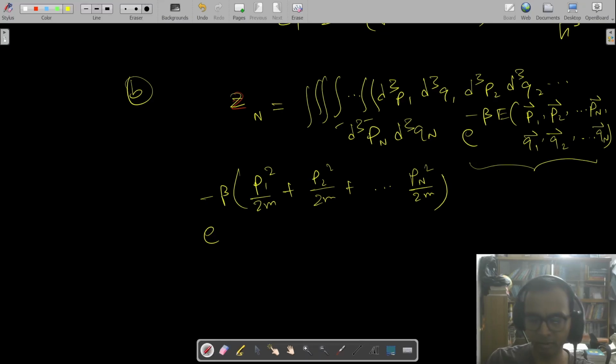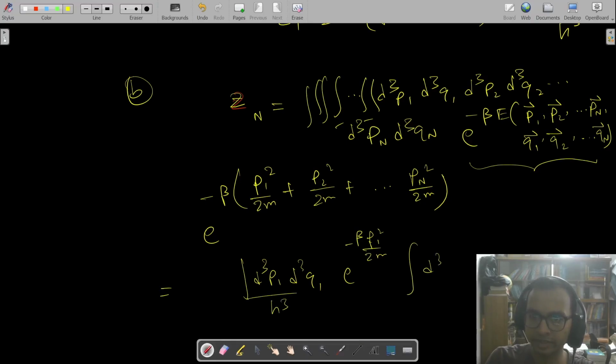It's a particle integral for particle 1. It does not depend on variables of particle 2. So we have a bunch of independent integrals, which can be written down as following, obviously divided by appropriate factors, which we were missing this time too.